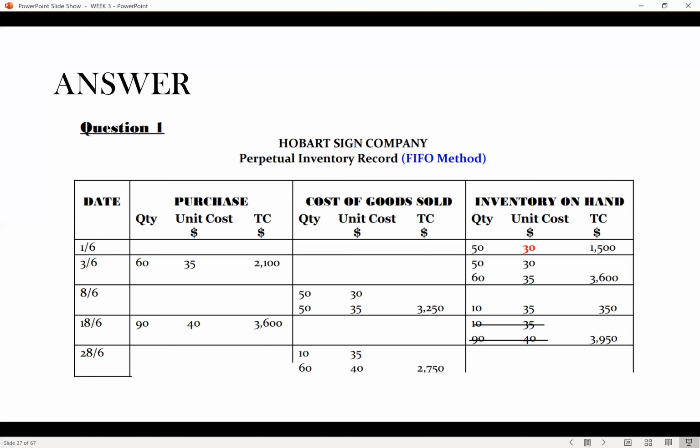We sum both 350 and the 60 times the 40, and we get 2,750. And here, remember, using our perpetual system, we have to update our inventory on hand. We have taken just 60 from this 90. So we have a balance of 30 at the same unit cost, 40. And that gives us a total cost of 1,200.